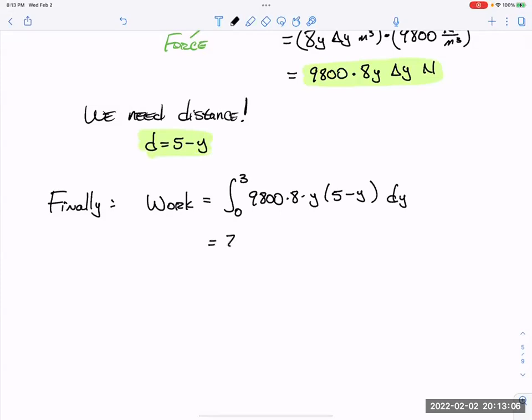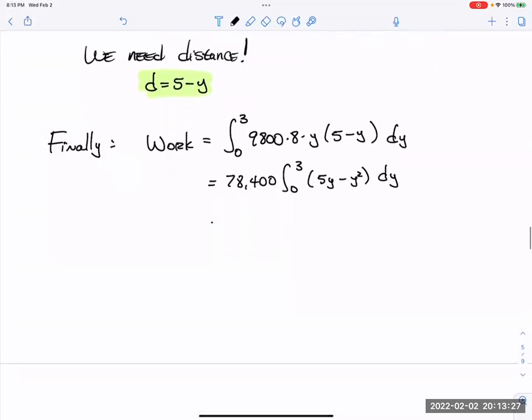So if you work this out, I'll let you do this on your own, but 78,400 is 9,800 times 8. And then you have the integral from 0 to 3 of 5y minus y squared dy. And if you work that out and you get a final answer, here's what you get.